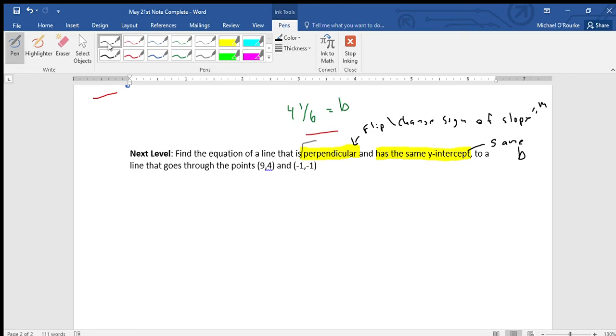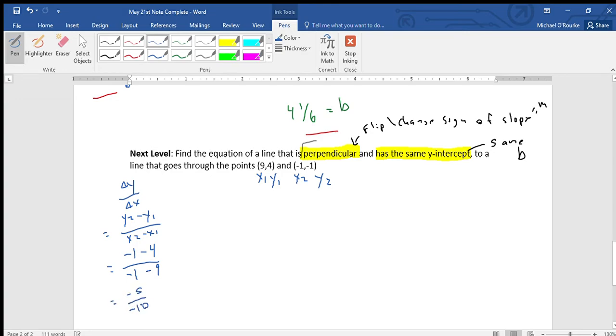Okay, so let's do what we've been doing before. Let's label our points x1, y1, and x2, y2. So delta y over delta x equals y2 minus y1 over x2 minus x1, which will equal -1 minus 4 over -1 minus 9, which is a very lovely number of -5 over -10.